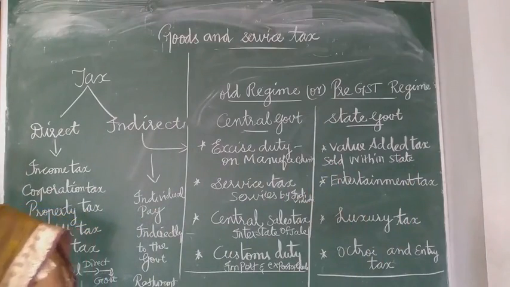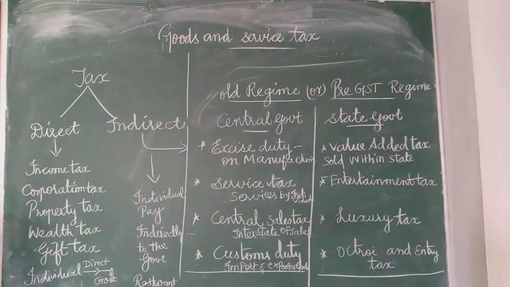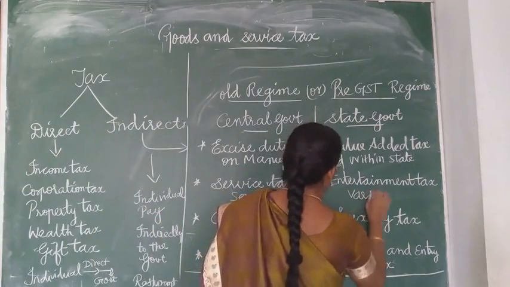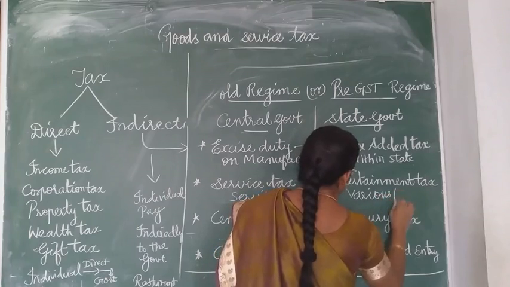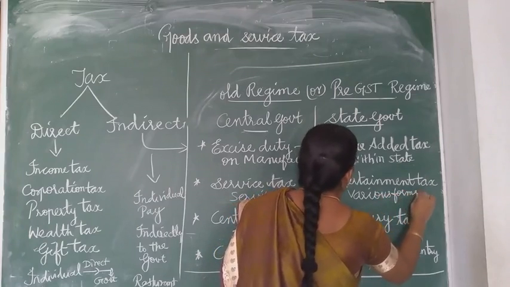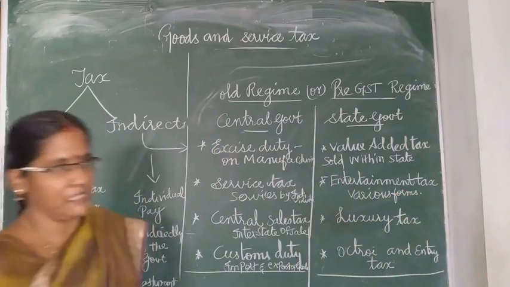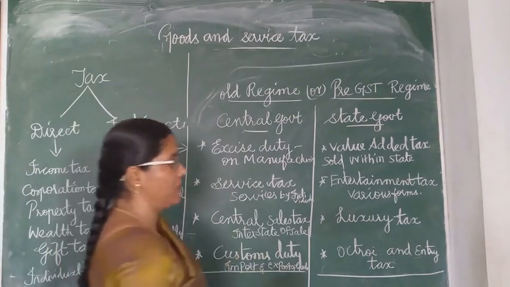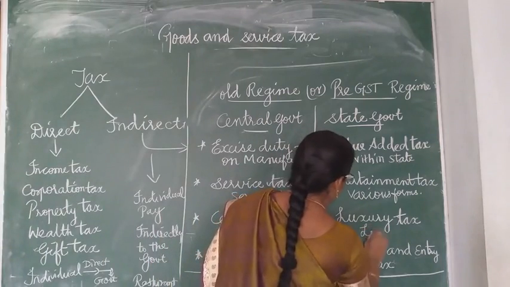Entertainment tax, when we are going for a movie, is charged on various forms of entertainment, all the parks. Luxury tax we pay on items such as luxury hotel rooms. We are going and booking a 5-star hotel.